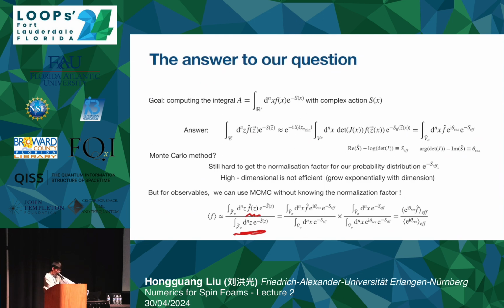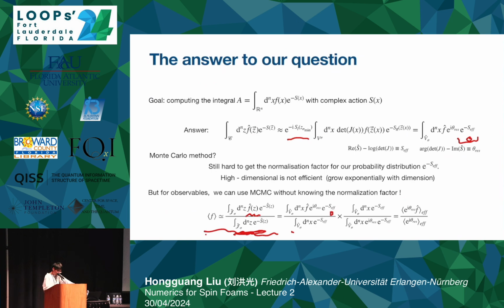And this, if you look at this formula, is nothing else than a sampling problem with the effective action given on the thimble. And this is real because it's on the thimble. We already put the imaginary part out, and it cancels exactly the denominator, and we don't have any imaginary thing.